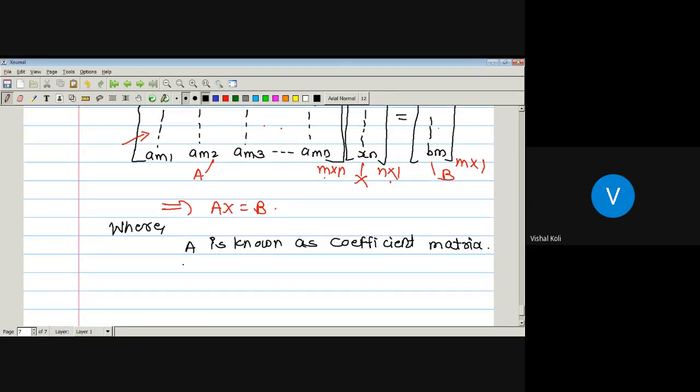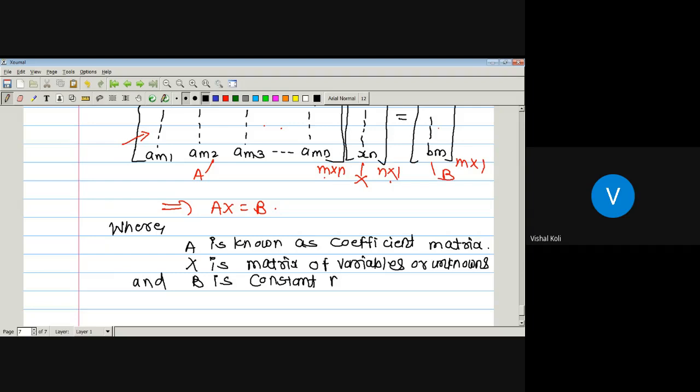X is a matrix of variables. Matrix of variables or unknowns. And the matrix B is the constant matrix, since it contains the elements b1, b2 up to so on bm.